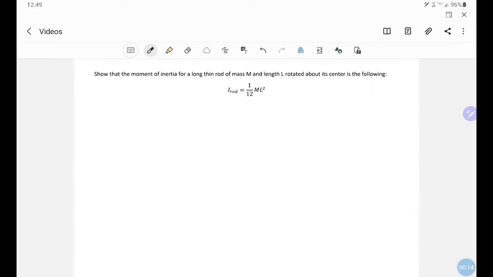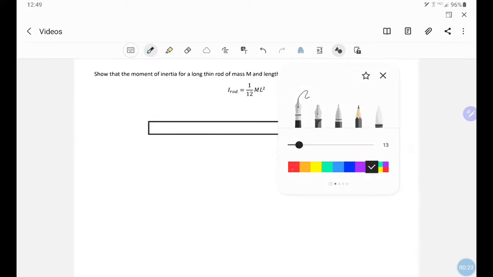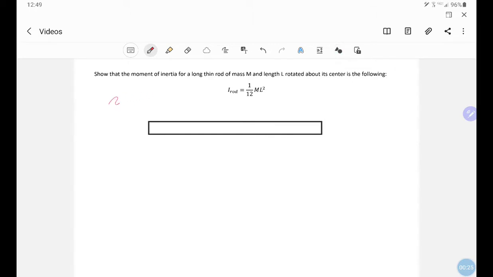So the first thing I want to do is draw my rod. Like so. My rod has mass M and length L. And my axis of rotation is in the center.